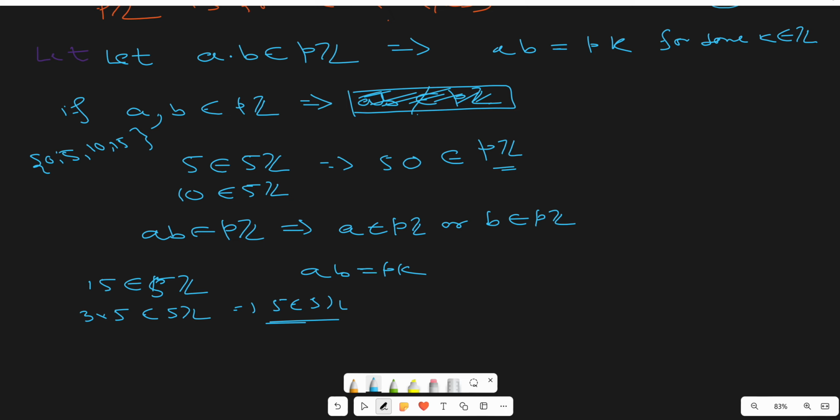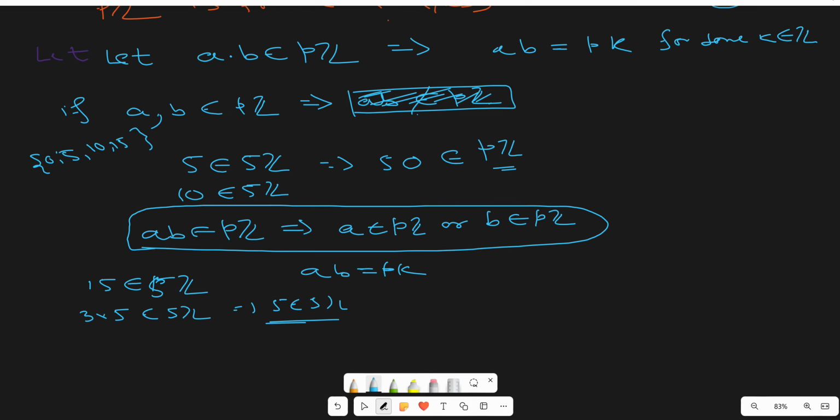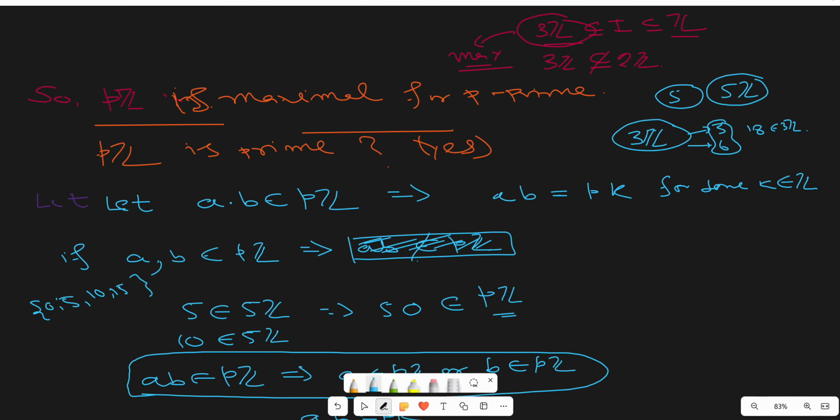So if ab inside pZ, then ab will be some multiple of p, some pk. So it essentially implies that either a will be some pk or b will be some pk. So p is fixed here, and pk will vary. What I was thinking here: does ab not inside pZ?